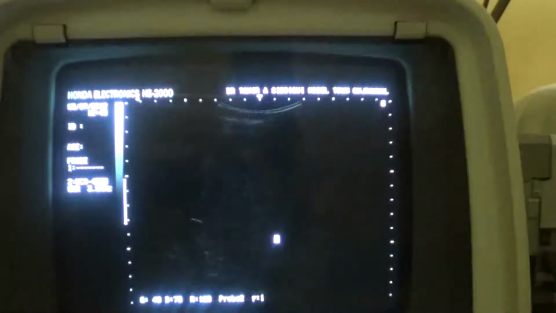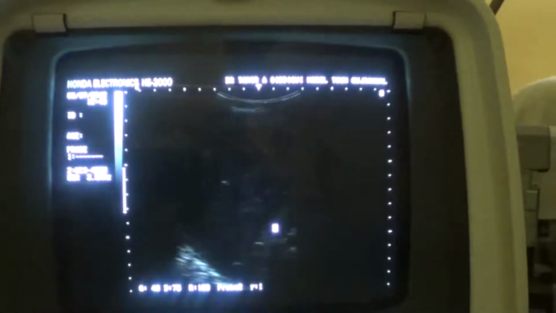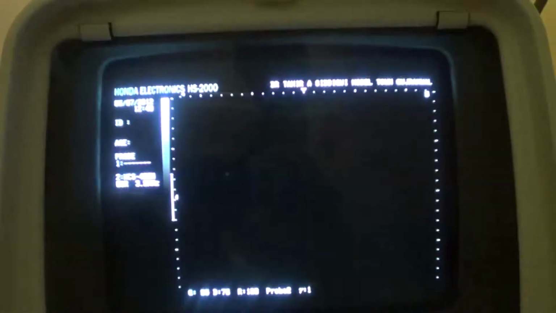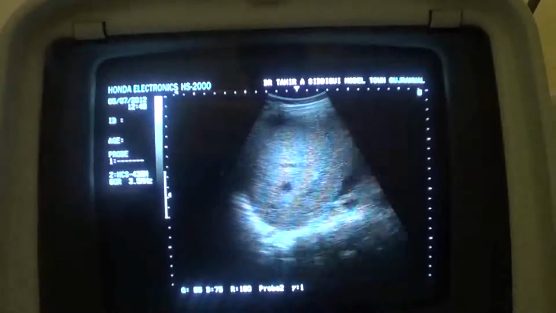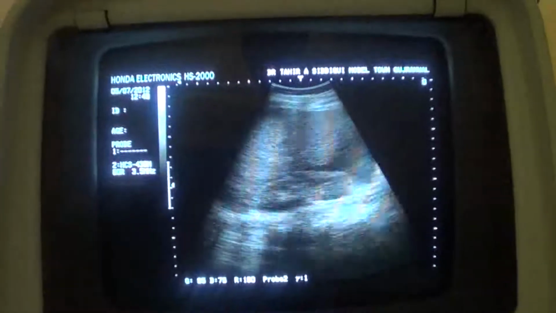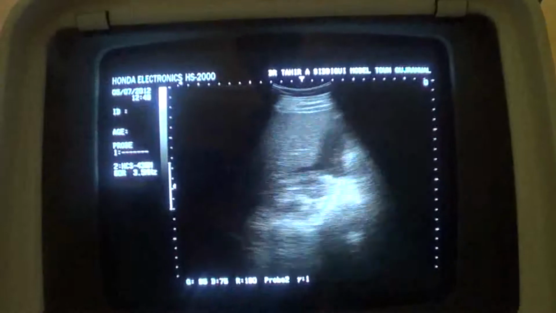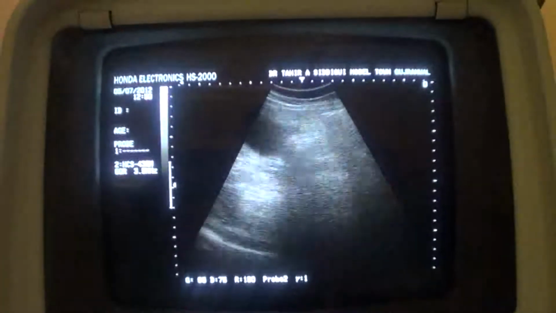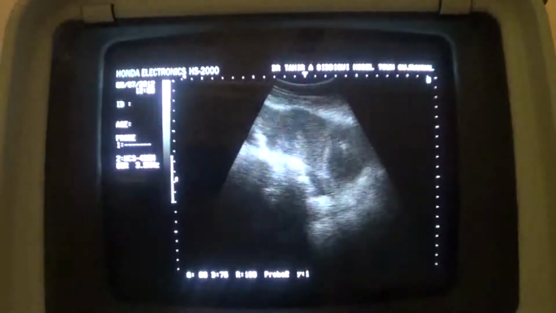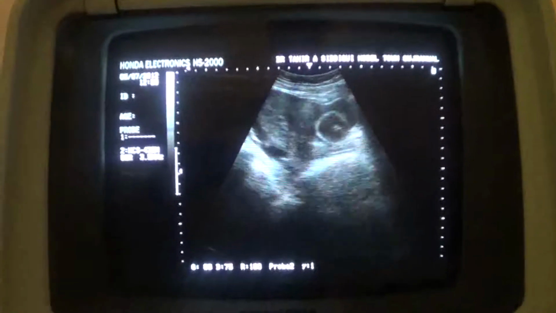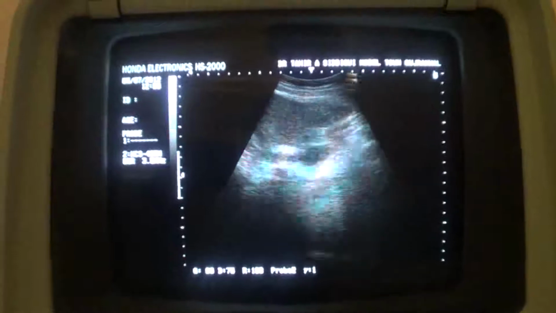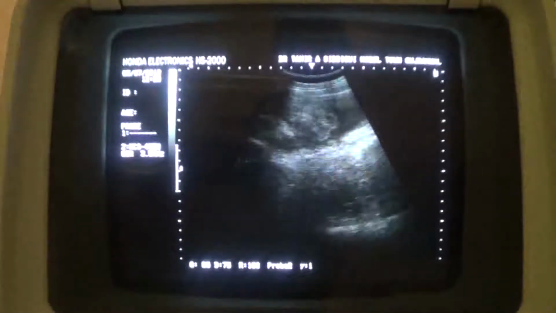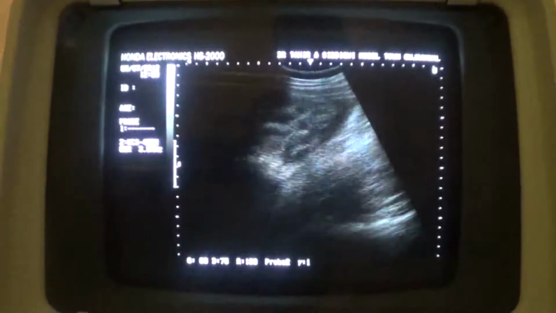However, let's see this side. No fluid there. Fluid is present in Morison's pouch, and here it travels down into the pelvic cavity. Then it extends into the right para-colic gutter here.